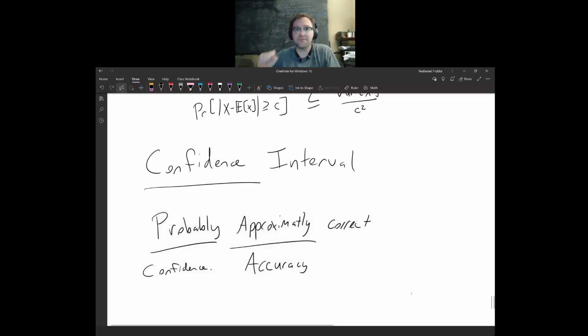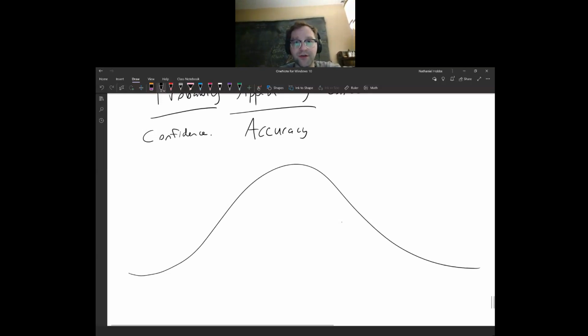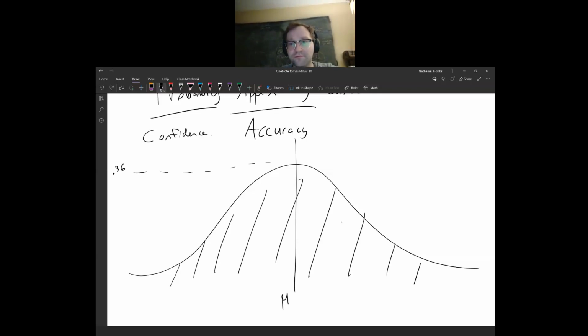But, okay, confidence interval and Chebyshev. So, we talked about a Gaussian curve. This has a mean of mu, that means that's its average value. For a normal curve, this is about 0.36. The area of the curve is 1.